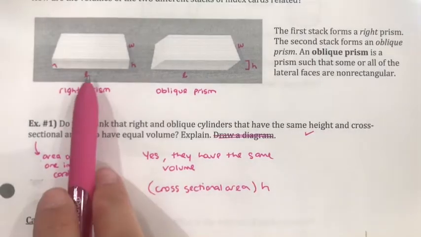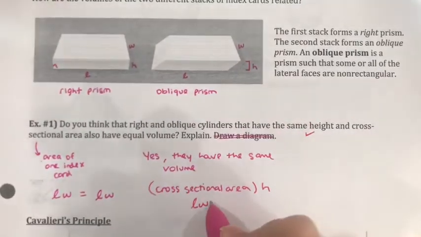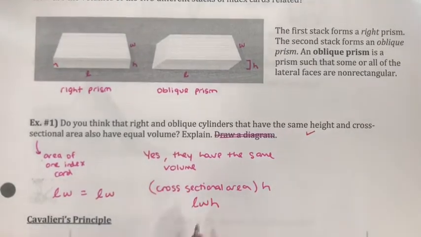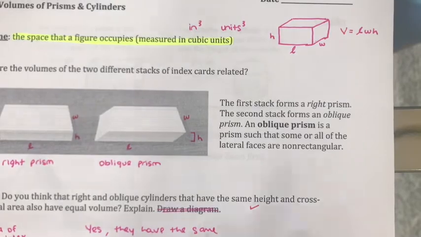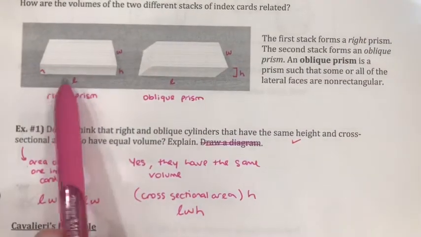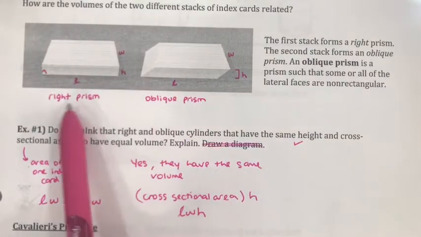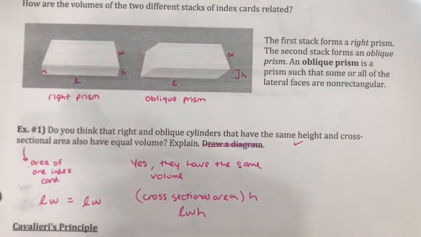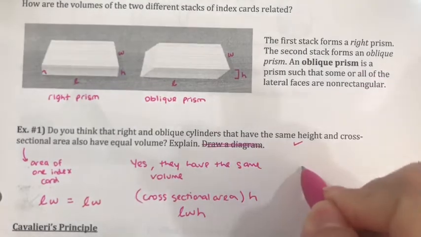The cross-sectional area is the length times the width. The height is h, which actually matches our formula that we talked about earlier. That length times width times height, that's exactly what we have here. So it doesn't matter if you have an oblique prism or a right prism. If the dimensions are the same, you're going to have equal volumes.